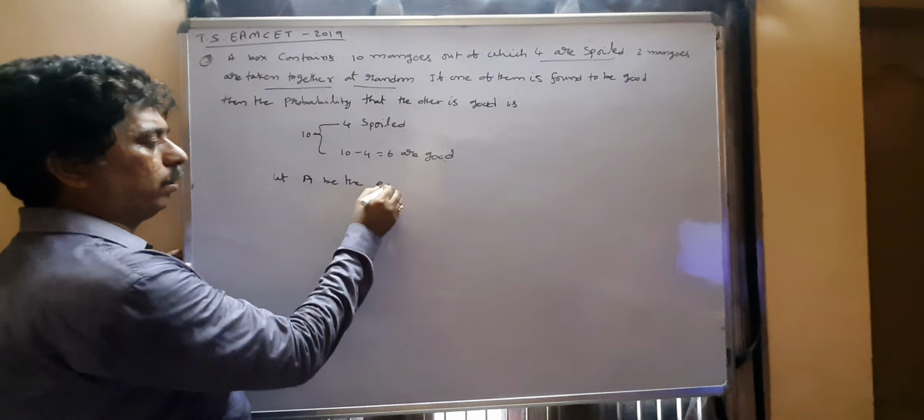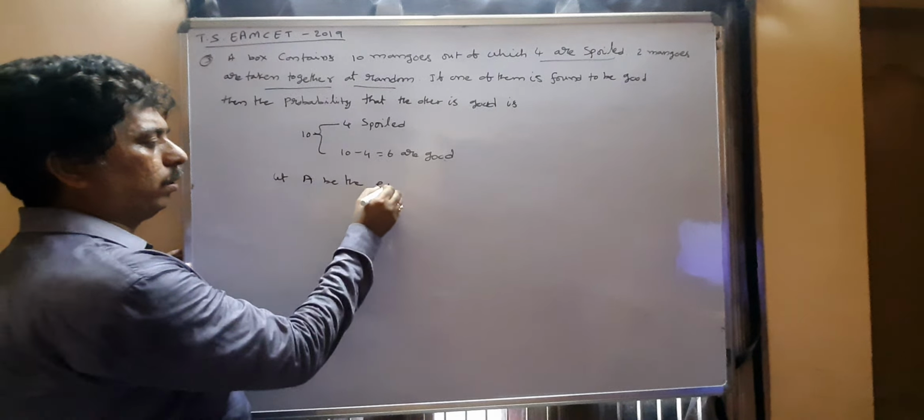You have 6 good mangoes, so from the 6 you can take 2 good mangoes, 6C2. Out of total 10C2, that is for 2 mangoes good.